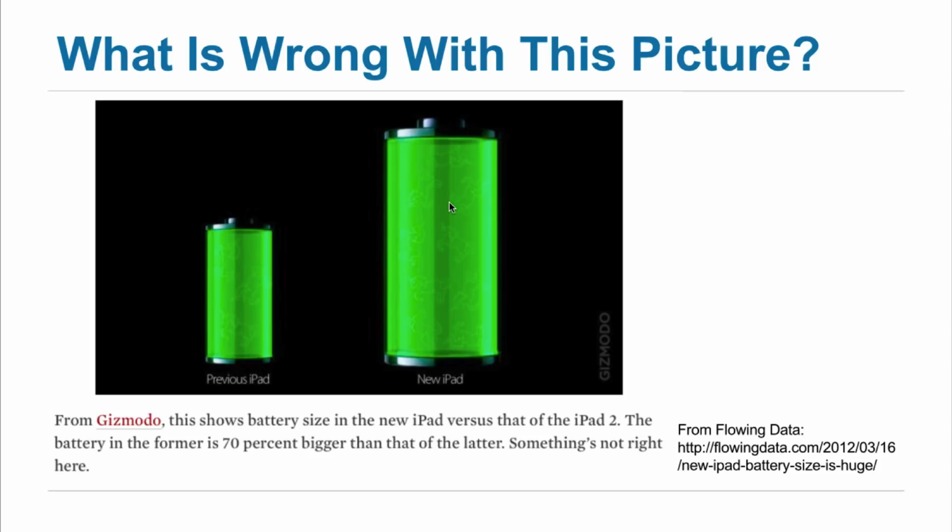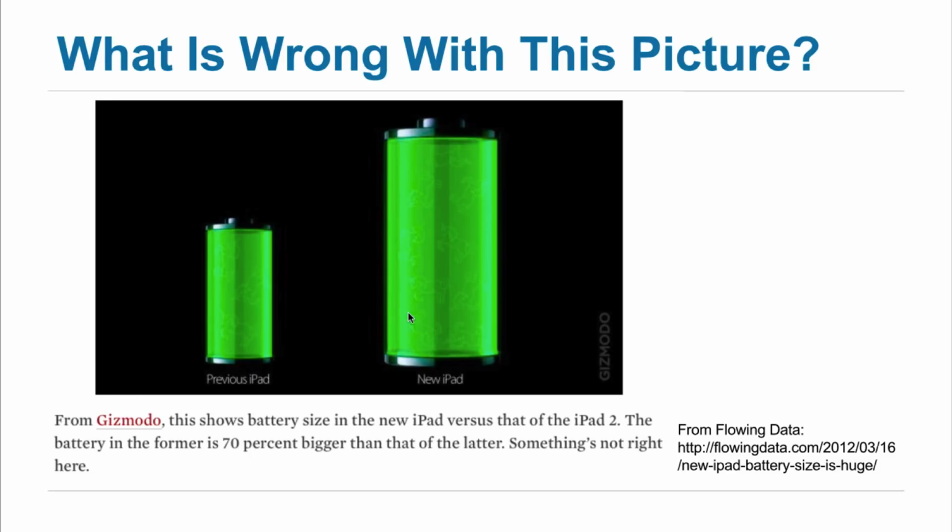It is more than double the size of the little battery. And here you notice something. What your eye is picking up as size is area. Not height by itself, not width by itself, but area.